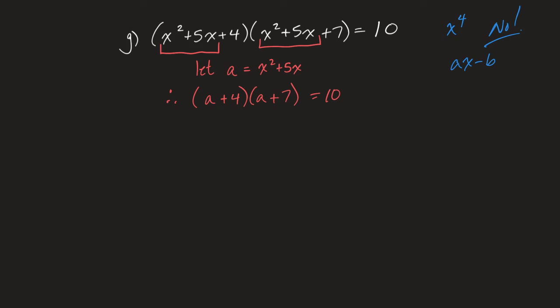I want you to notice your red equation. When we expand those brackets, you can see that you're going to get an a squared. You're going to get a quadratic equation. And can you solve all quadratic equations? Yes, because you have factoring, but you also have the quadratic formula.